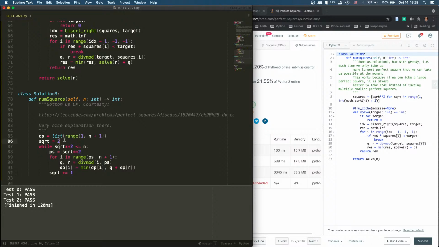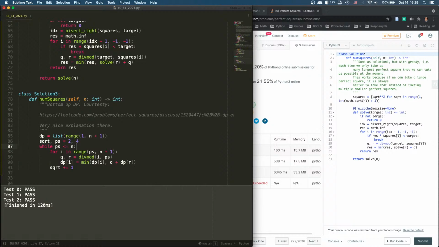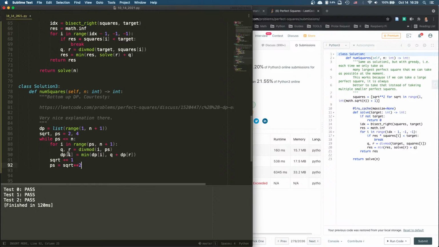What can reduce this? SQRT equals 2. Perfect square is 4. I can directly go here. We say PS is smaller or equal to, no, we don't need this. Right? And then PS equals SQRT times 2. Right? And now when we're done, we're going to return DP, the last one.